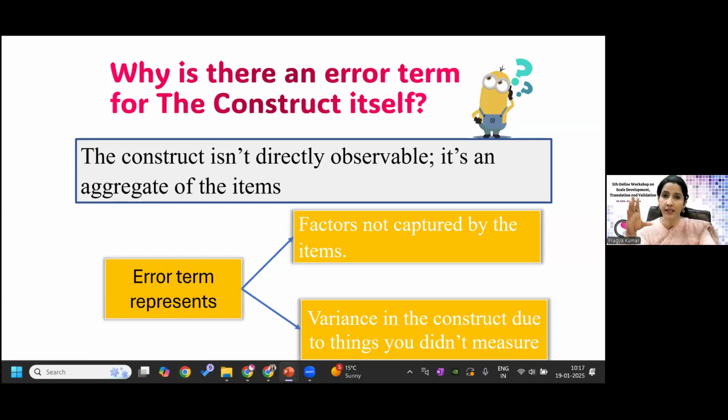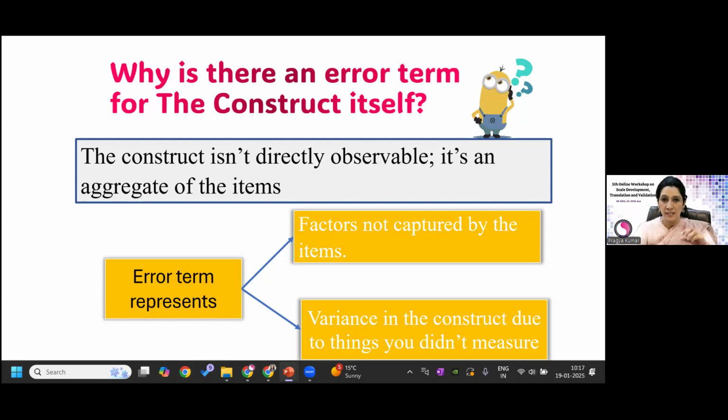Because let's say the socio-demographic variable or Kuppuswamy scale. You have taken three indicators: education, occupation, and income. But there may be some other indicator also which is useful for assessing socioeconomic status. Maybe in the future there can be an addition of an indicator in case of socioeconomic status. We have defined it, but currently it has only three indicators: occupation, income, and education.